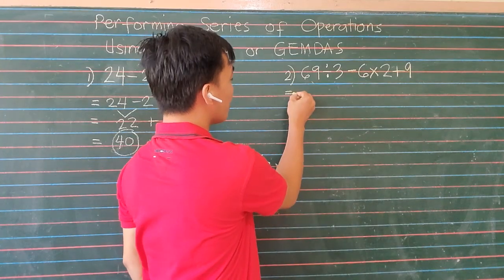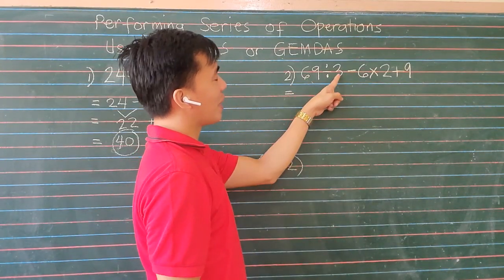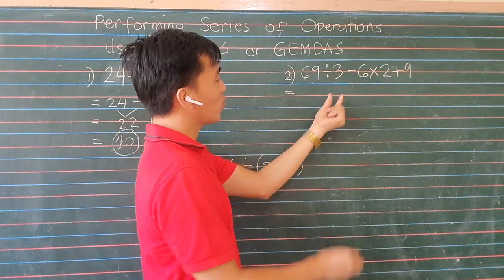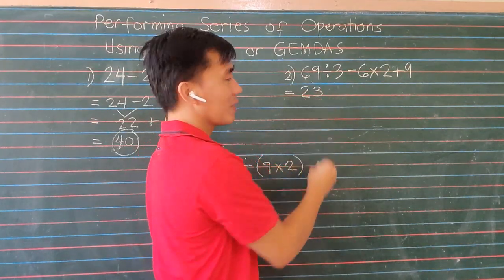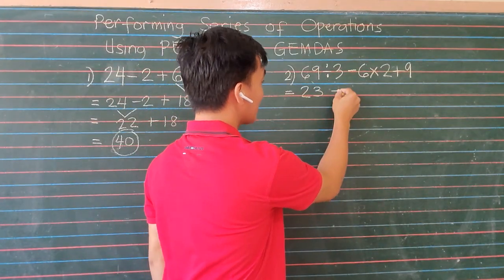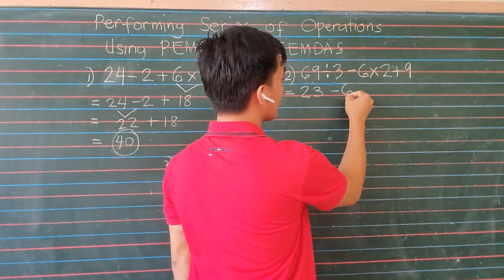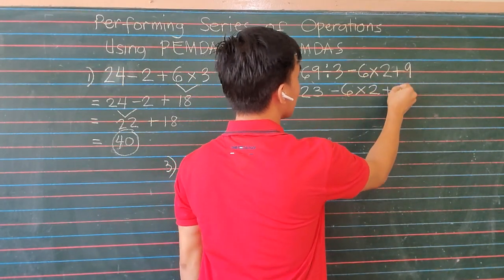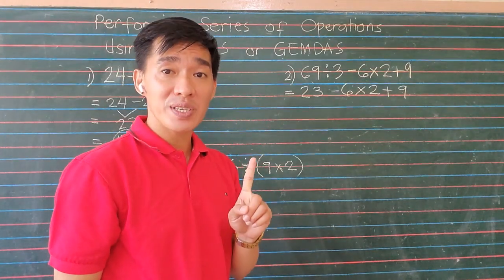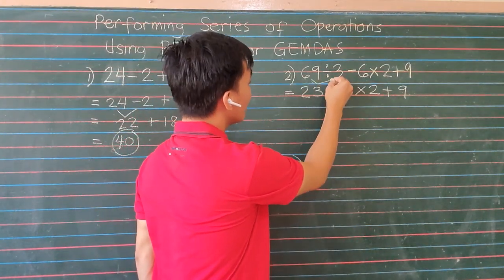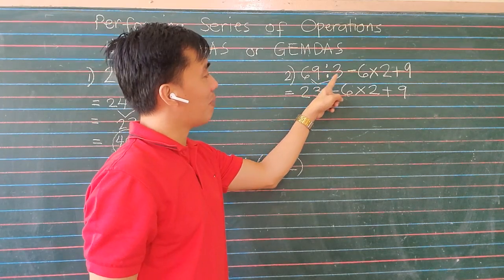So you divide first. 69 divided by 3, that is equal to 23. Then, minus 6 times 2 plus 9. That's our first step. We divided 69 by 3.